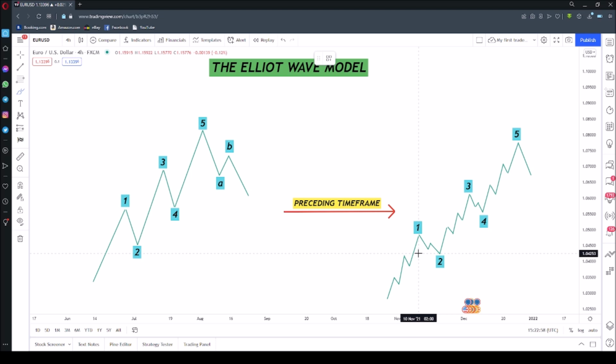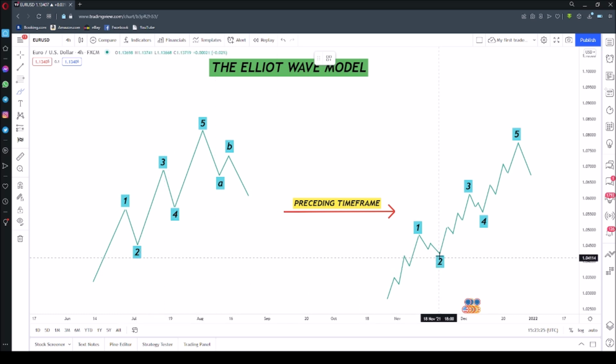Therefore, on the weekly time frame, we'll have wave 1, but within this wave 1, we'll have separated waves that follow the Elliott Wave model. In this case, we'll have 1, 2, 3, 4, and 5. And at 5, we'll have an ultimate correctional move of that particular weekly time frame, which will lead us to 2 of the monthly time frame.